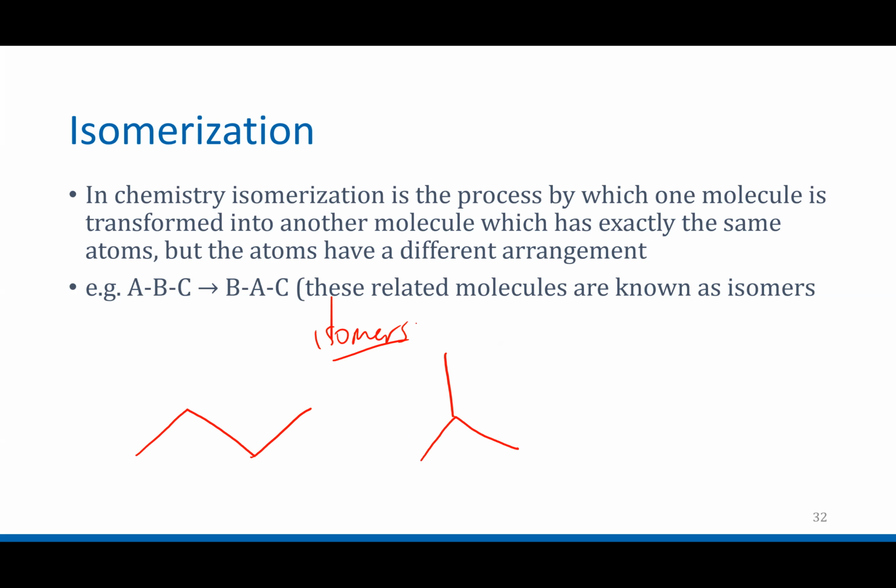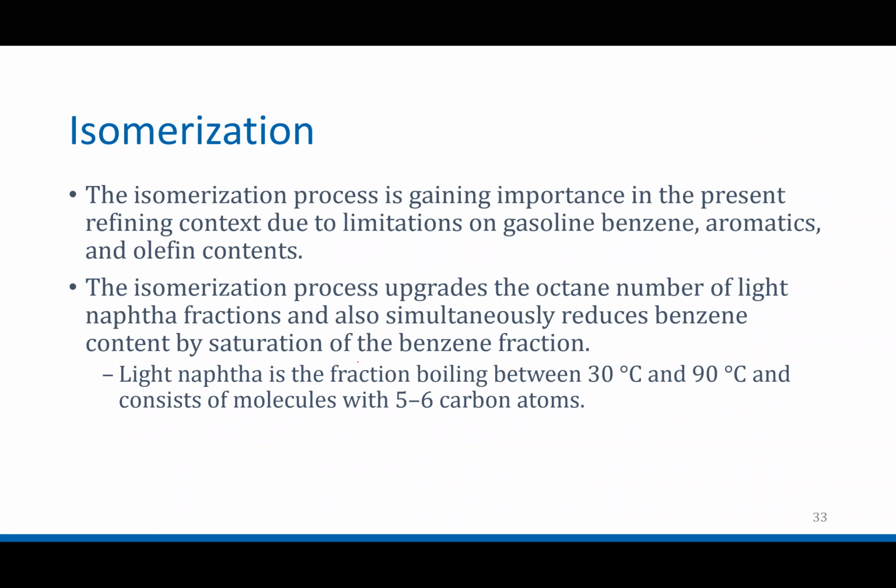So another chemical process you can do in refining, the petrochemical process, is taking a carbon chain. You're not going to add anything to it. You're not going to crack it into two smaller molecules. You're simply going to rearrange the molecules to form an isomer.